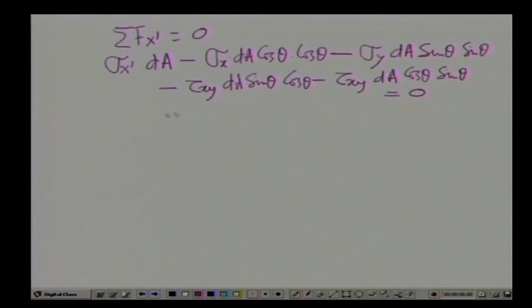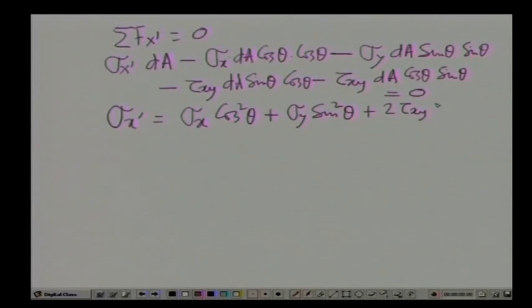So, this gives us the equation as sigma x dashed equals sigma x cos square theta plus sigma y sin square theta plus twice tau x y sin theta cos theta.